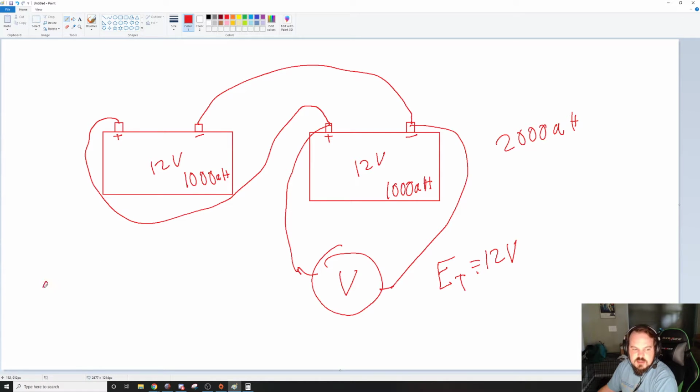If you had connected them in series, so in parallel, you would get 12 volts and 2,000 amp hours. In series, you would get 24 volts and 1,000 amp hours.